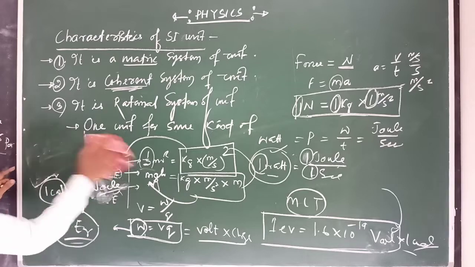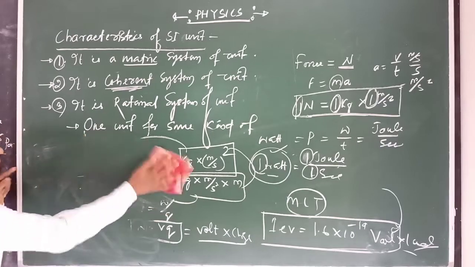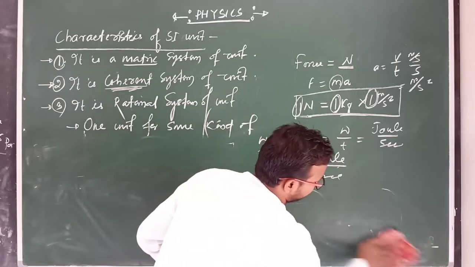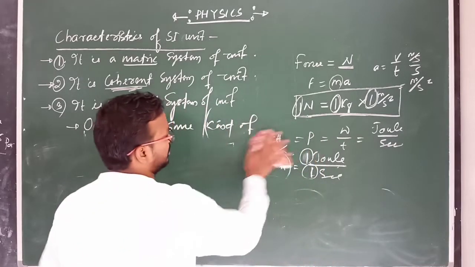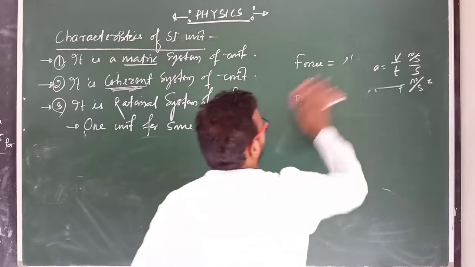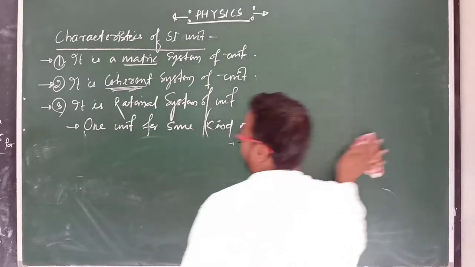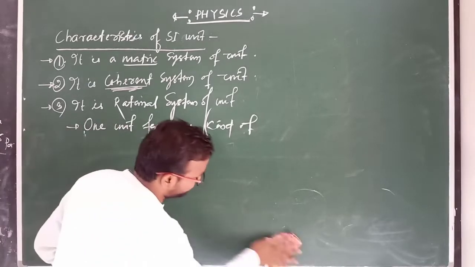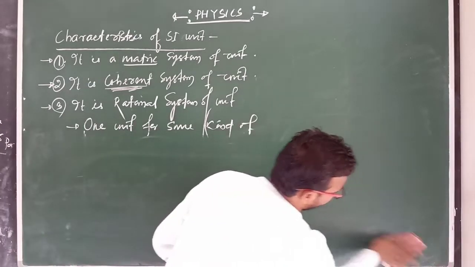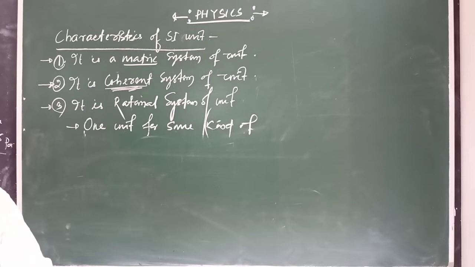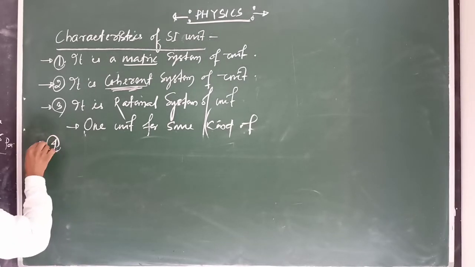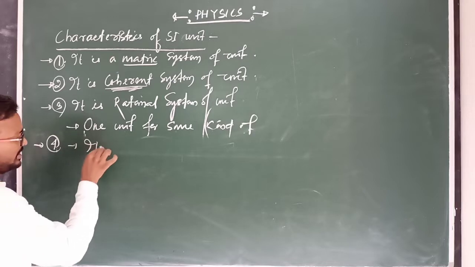Clear? So the next characteristic of SI unit, the fourth characteristic, is that it is internationally accepted, widely accepted in the international system.